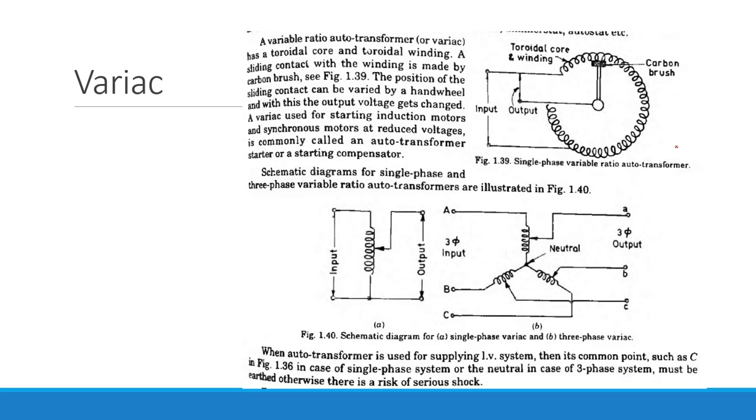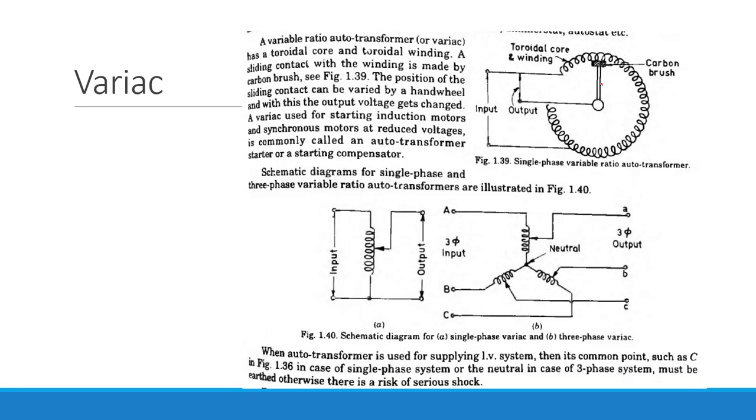You have seen it physically also in the lab, and you can see in this diagram that the core is toroidal, and the winding is wound on it. There is only one winding which acts as your primary as well as secondary winding. There will be a sliding contact, you can see the sliding contact here. There is a carbon brush to make the contact. The position of the sliding contact is varied by one hand wheel, which you have already seen.